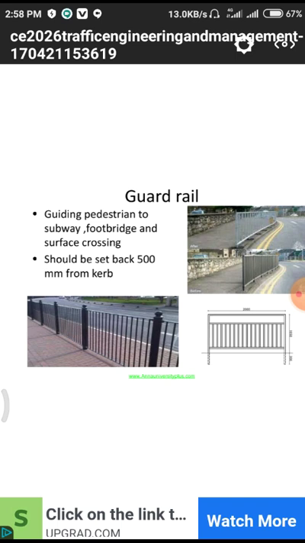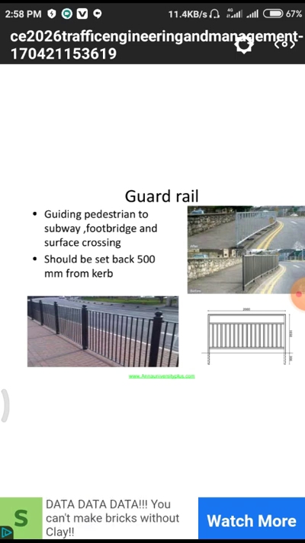Another is schools and other residential complexes. In those particular spaces also we have to use these guard rails. Normally these guard rails are constructed with steel cages, guiding pedestrians to subway, footbridge, and surface crossing, and should be set back 500 mm from the curb.